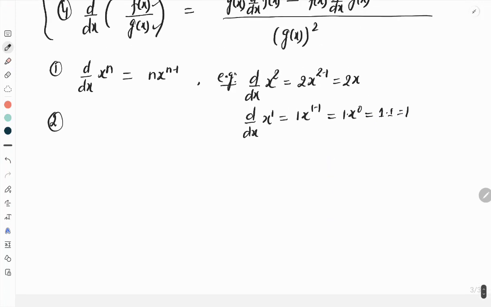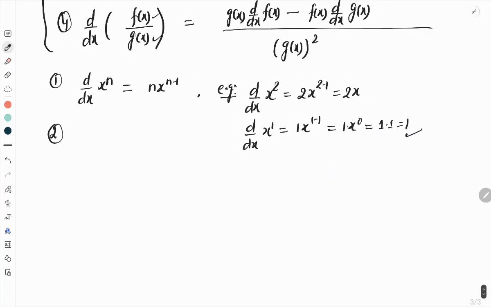Derivative of x is 1. Similarly, dy/dx of x power 3 by 2: 3 by 2 outside, x power 3 by 2 minus 1, it will be 3 by 2 x power 1 by 2. In this way.